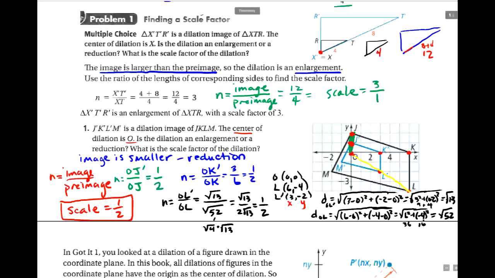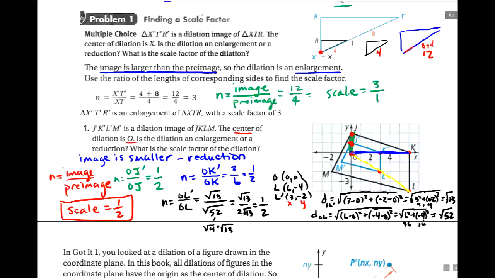And we have a horizontal line here, so I compared OK prime to OK, and again got 1 to 2. But what happens if we don't have horizontal and vertical lines?